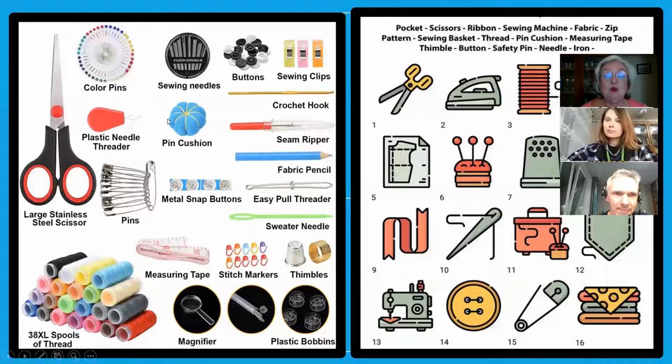The next one, this blue one. Pin cushion. So that's where we put all our pins to make them easier to pick up. Now, I have this, for example, it's called a seam ripper. So when you sew two pieces of material together and you make a mistake, you can use this gadget to unsew what you have done incorrectly.